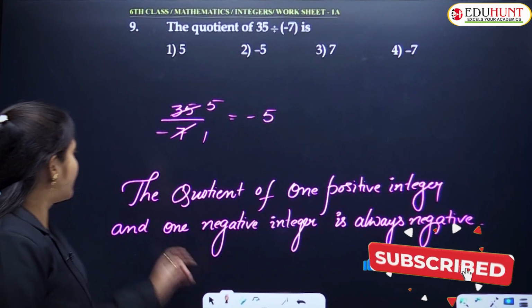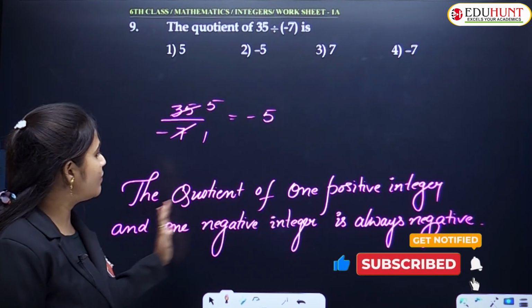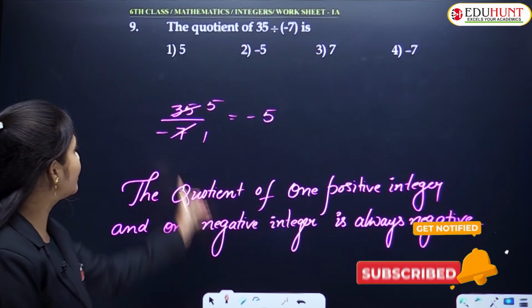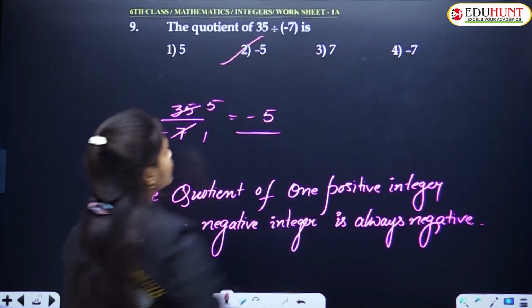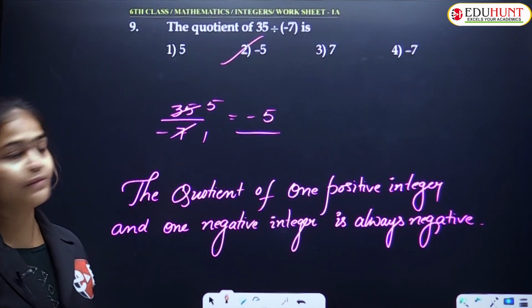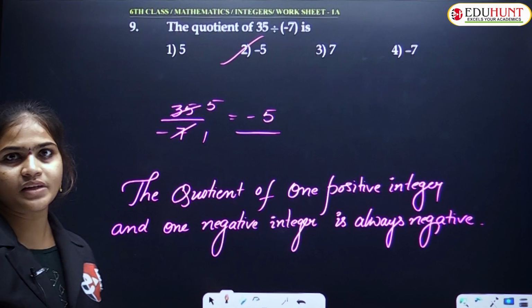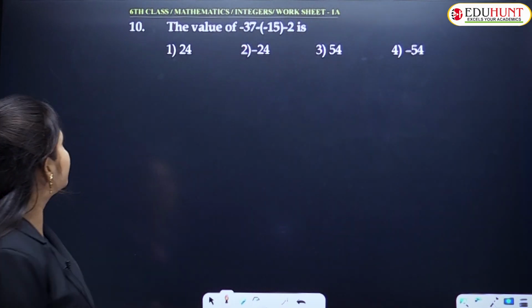Understand? That's why, as per that condition, here we got that minus 5. So which option is correct here? Minus 5, option 2 is correct. Understand? Yes. Next, the 10th one.